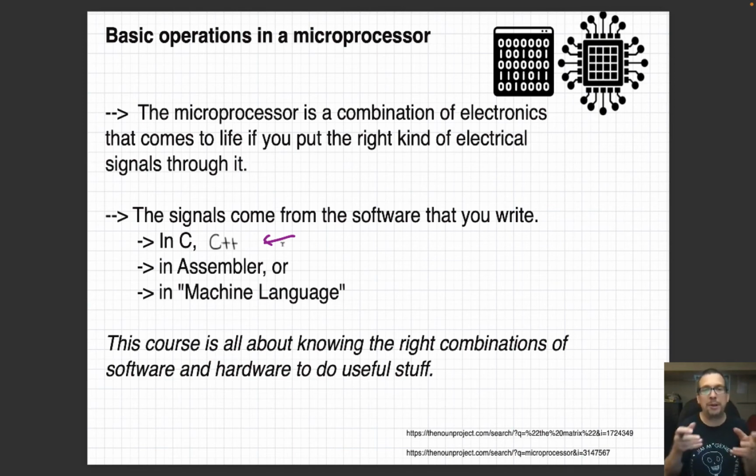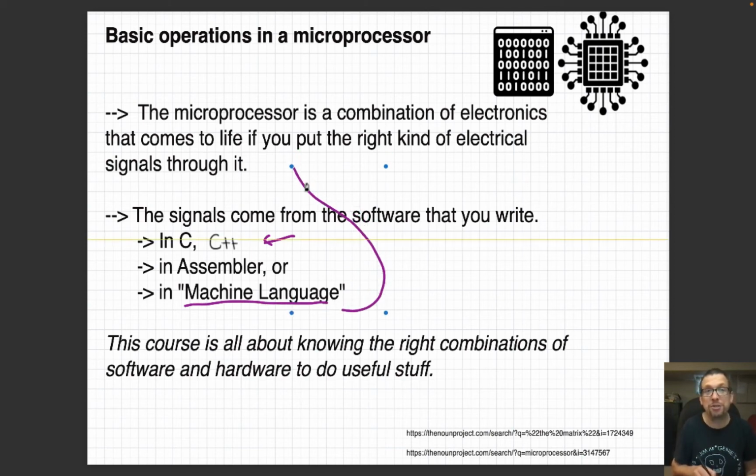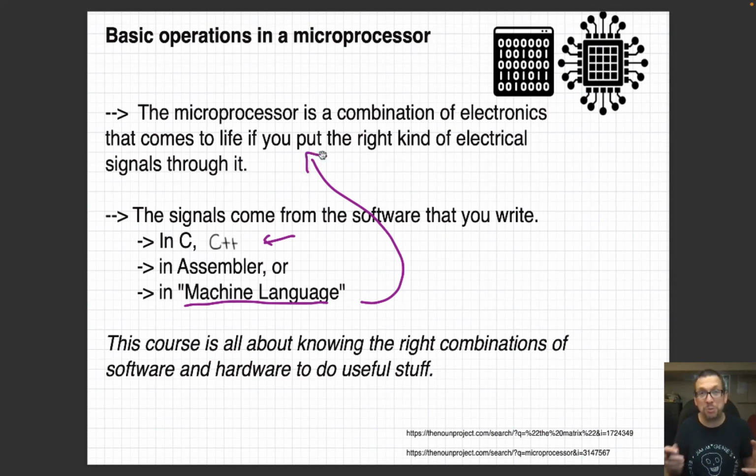And then we're going to talk about how that assembler gets converted once again into what a lot of people would call machine language, the ones and zeros you see in movies. Well, what are those ones and zeros? The machine language is really what eventually drives the circuitry, the combination of electronics that actually make things move and work in the chip.